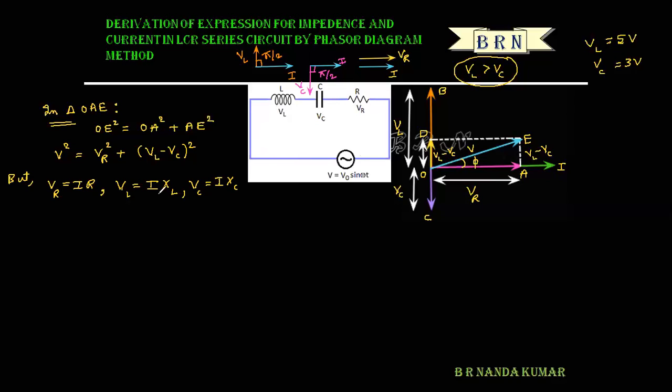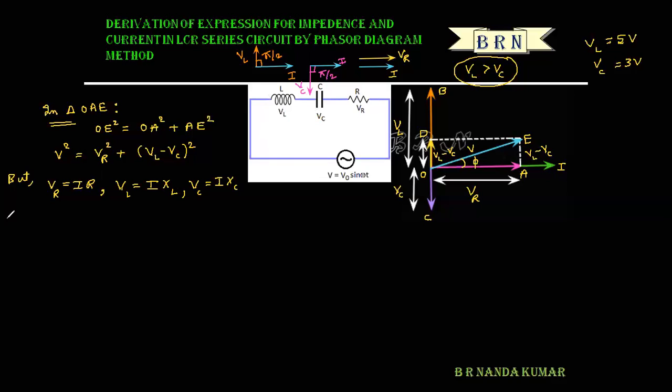R is the effective opposition offered by the resistor. Resistance, inductive reactance, and capacitive reactance are all measured in ohm, the SI unit.